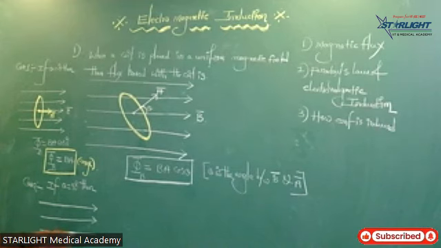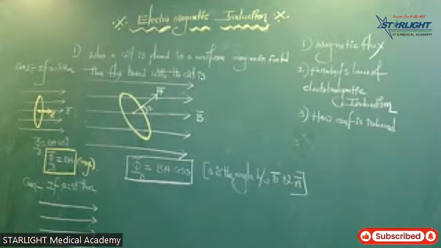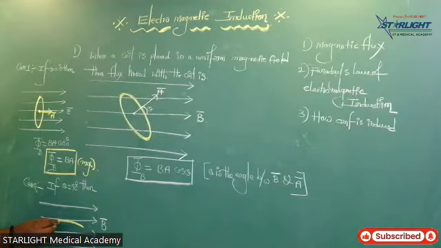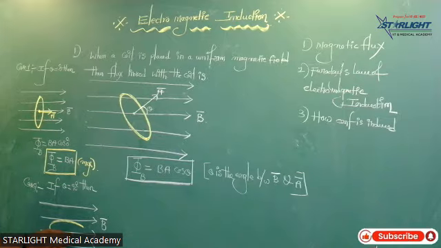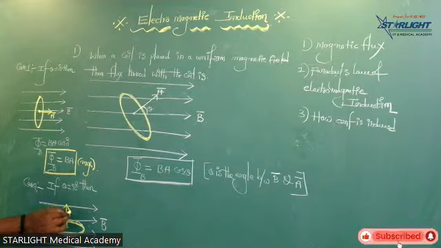Okay, these are the lines. B bar. Now the coil is oriented, its position is as like this. Now area of the coil is in this direction. This is area of the coil.